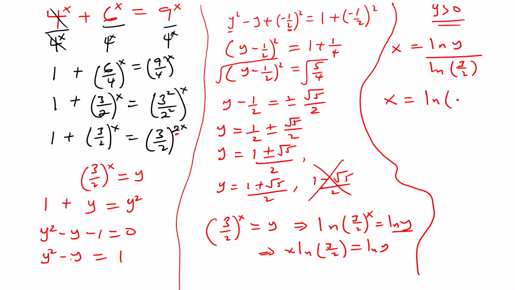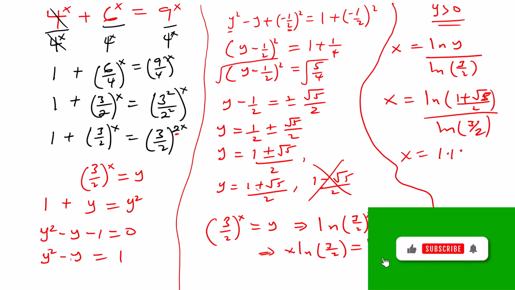So x is the natural log of 1 plus root 5 on 2, over the natural log of 3 on 2. So that's the answer. This one is approximately 1.187.